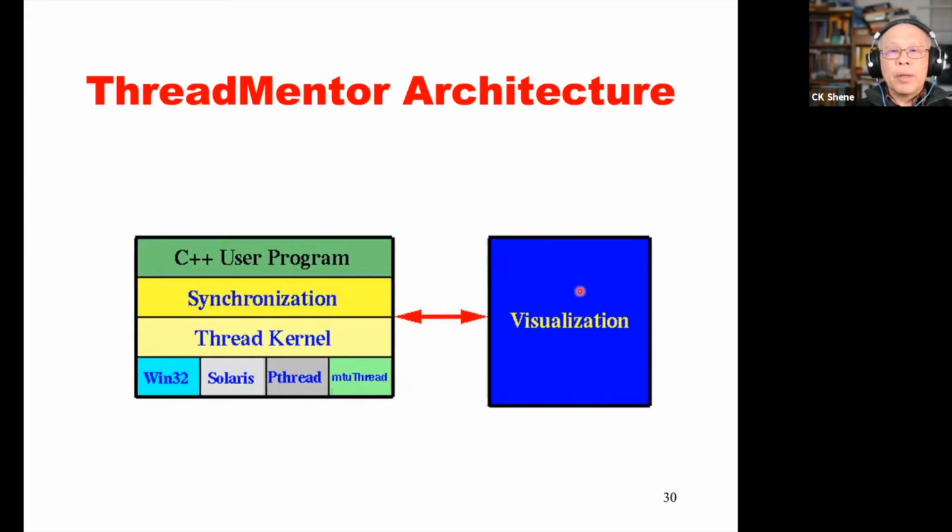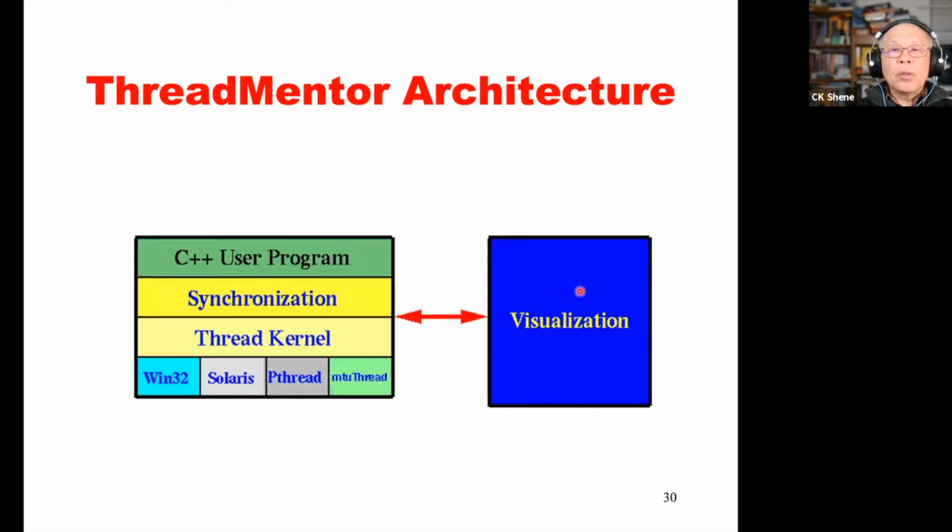The reason is very simple. ThreadMentor follows a very simple and very intuitive statement structure without asking you to do a whole lot of things, like we will be talking about with pthread and a job, and we will also mention Java.